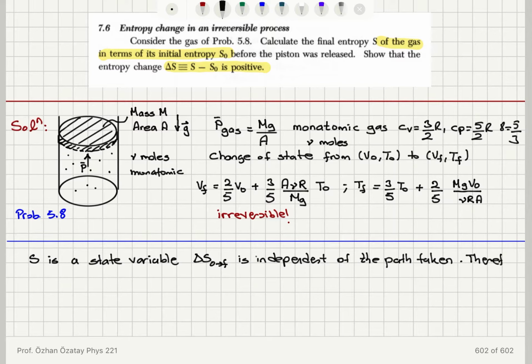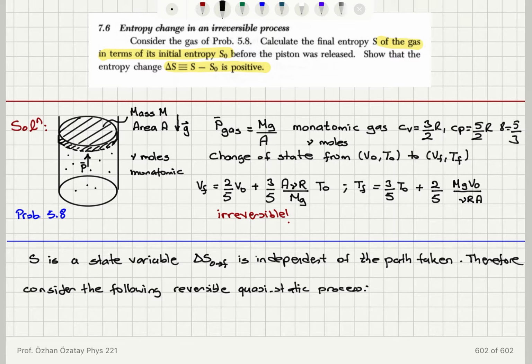Therefore, consider the following reversible quasi-static process.